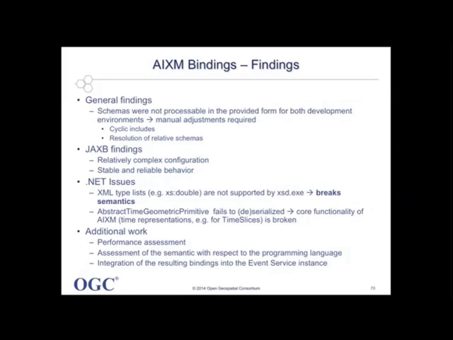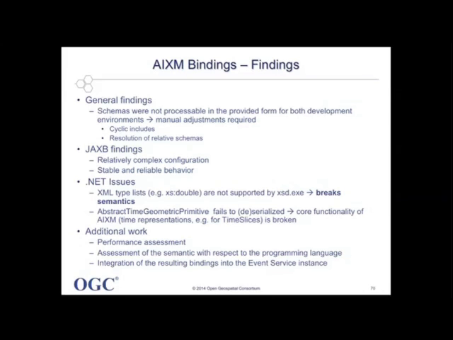So the general findings of this work are the following. The schemas as provided on the internet via the AIXM website were not processable in the provided form for both development environments. Some manual adjustments were required in order to create the data bindings. One issue was the cyclic includes. An example would be that schema file A includes schema file B and schema file B includes schema file A, vice versa.